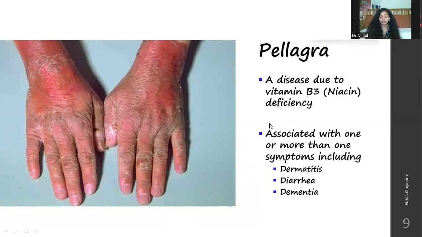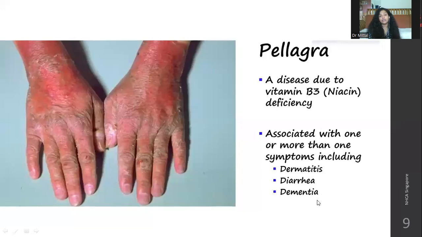It is very subjective. And diarrhea is not found in mild deficiencies of pellagra, only when it progresses and the condition worsens. That's when diarrhea also comes into play. And nowadays they have found out that dementia is not always the end result of pellagra.